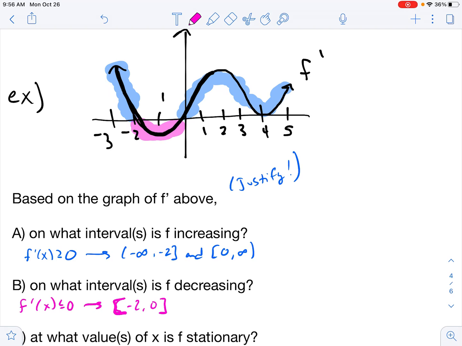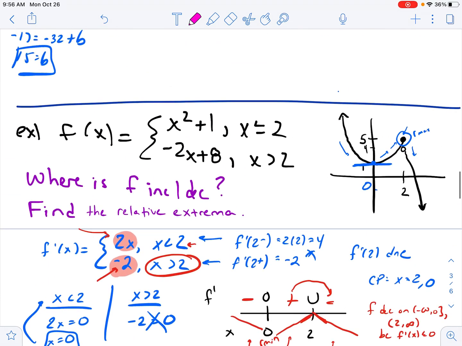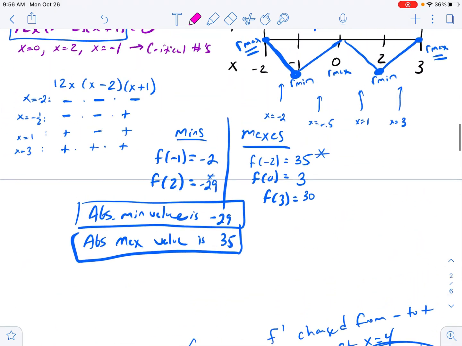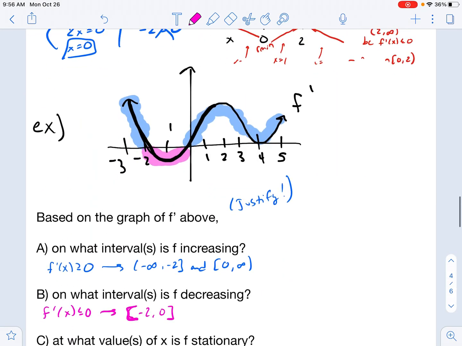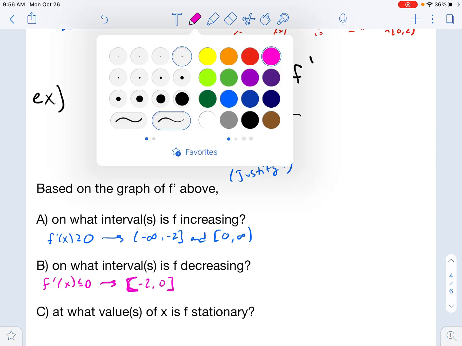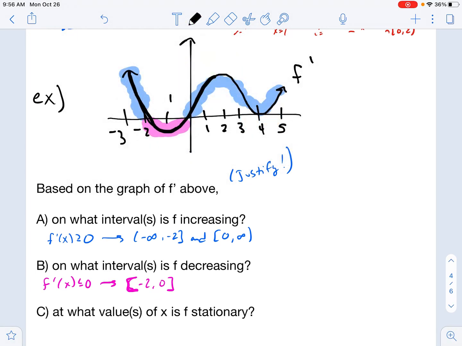Now, some students have a hard time looking at the graphs. Some students prefer this algebraic approach where you find the zeros, you make the number line, and you test. Look, it's very easy to take a graph of f prime and turn it into the number line. So if you want to do that, it works like this. We're going to have x values here, f prime above. We want to find the critical points.